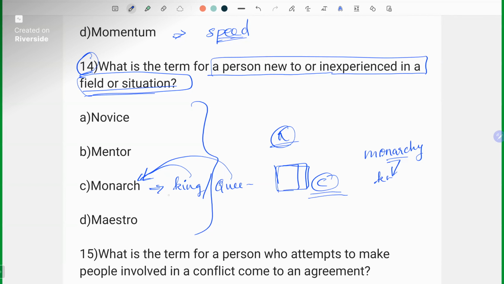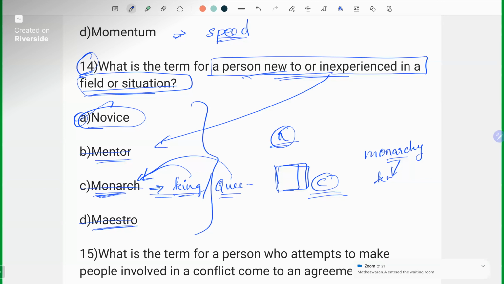The inexperienced new person is a novice. A maestro is someone excellent in a field. A mentor is someone experienced who can guide, so cannot be new. If you know the meaning of monarch, you can eliminate mentor, monarch and maestro together and come to novice, even if it is a new term.